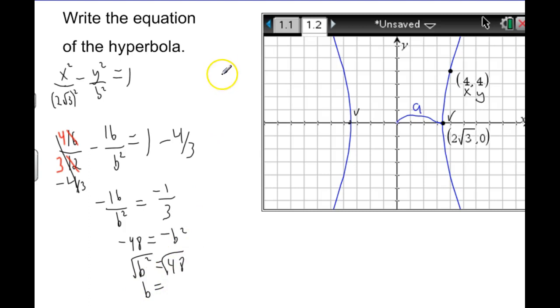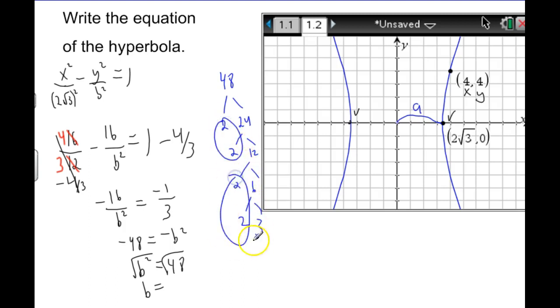Let's think about square root of 48. So any perfect squares in there? 48 is 6 times 8, which is 2 times 3 times 2 times 2 times 2. I have a pair of 2s and another pair of 2s with a 3 left over. So this would be 2 times 2 is 4, root 3.